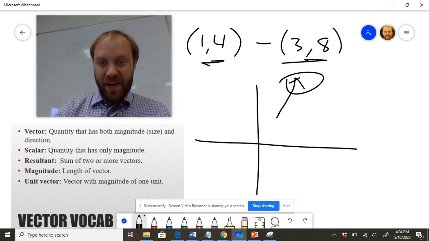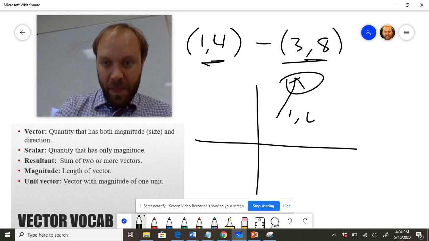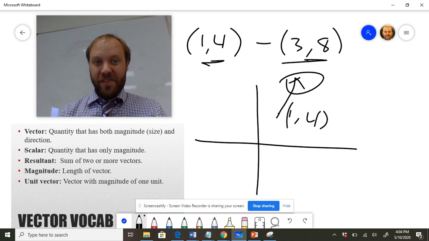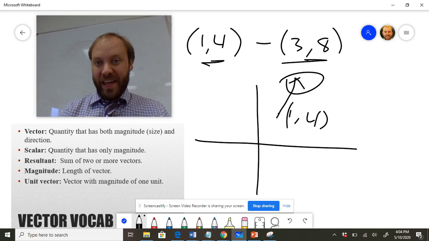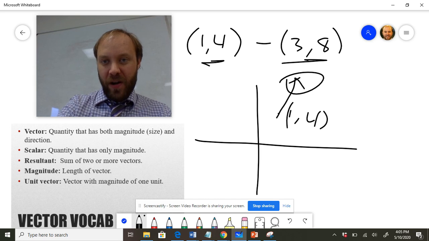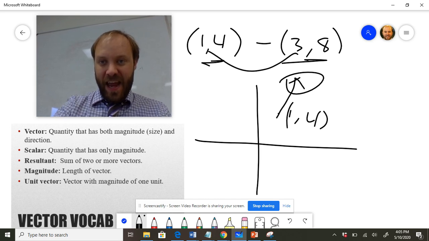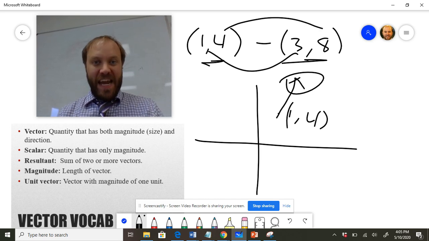Well, if you think about it, if that's the point 1, 4, we basically need to shift the whole thing back 1 to the right, and we need to shift the whole thing down 4. And if you think about that, all that's doing is subtracting 1 from the 3, and subtracting 4 from the 8.